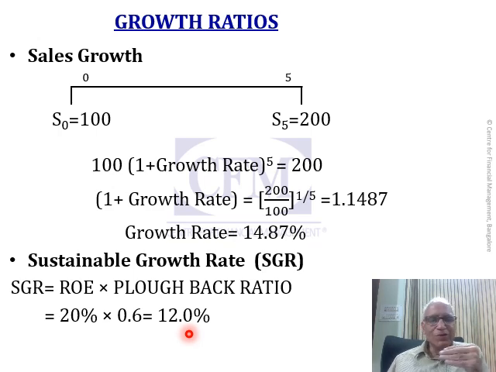That is what happened to Infosys during its earlier years when it was growing at a very rapid rate. It was plowing back a very large proportion of its earnings. As a company matures and as the growth rate slows down, the plowback ratio falls, or put differently, the dividend payout ratio increases, as it happened in the case of Infosys.